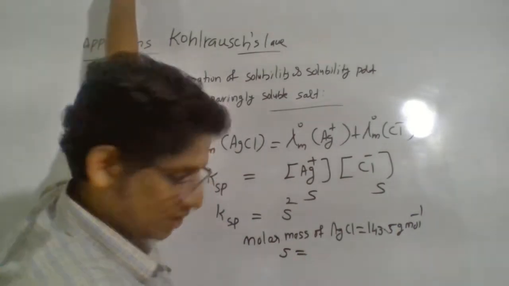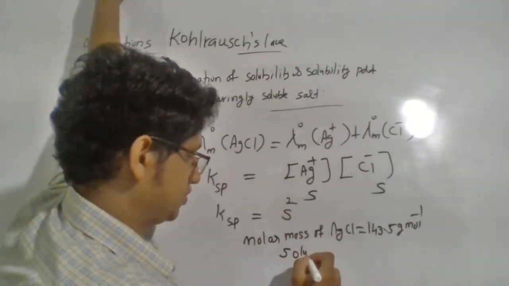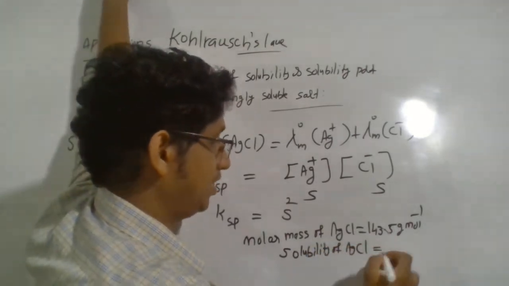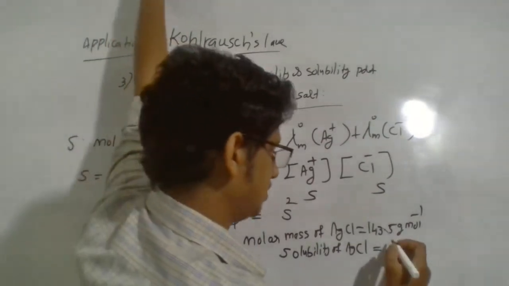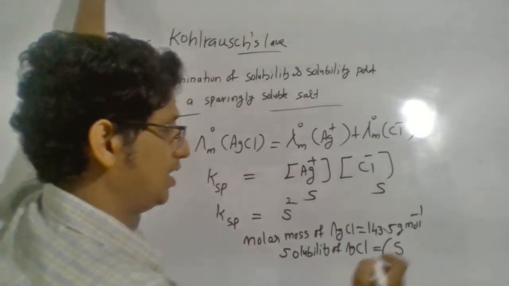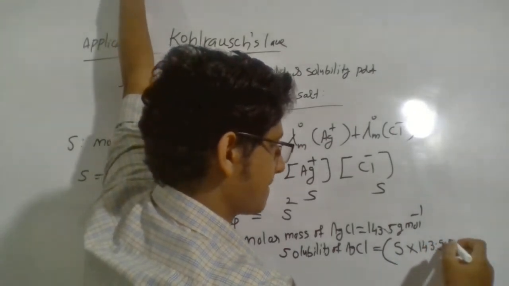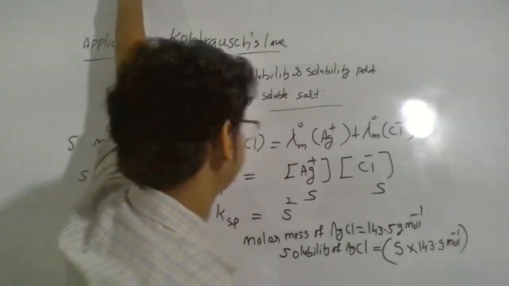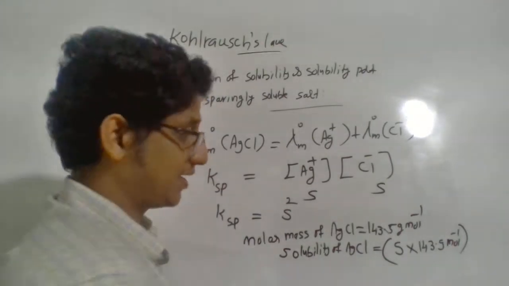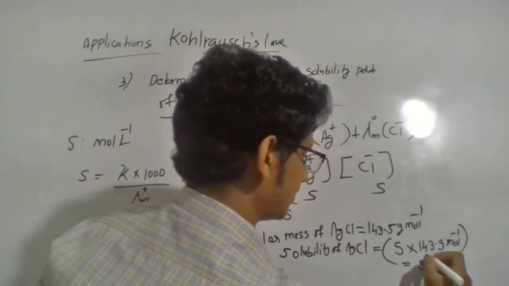The solubility of AgCl you can express in terms of gram per liter. That is, if you have solubility value in mole per liter, multiply by its molar mass, gram per mole. So what will happen? The mole will cancel, and you actually get an answer in gram per liter. So you can express the solubility in gram per liter as well.